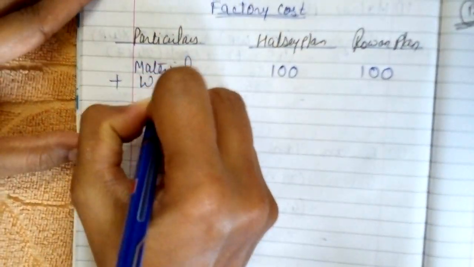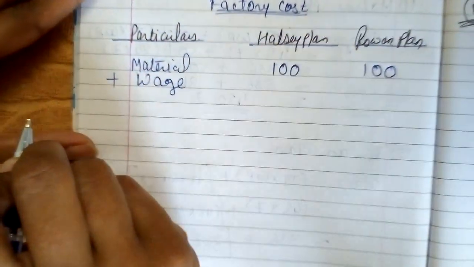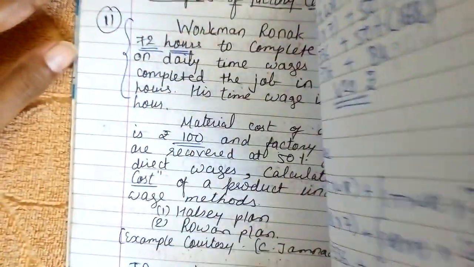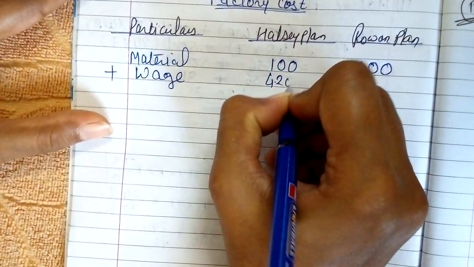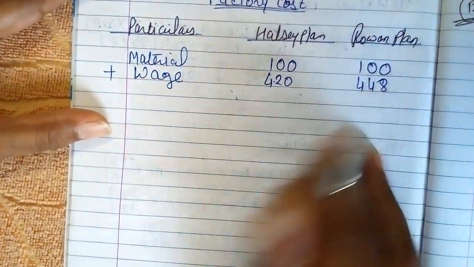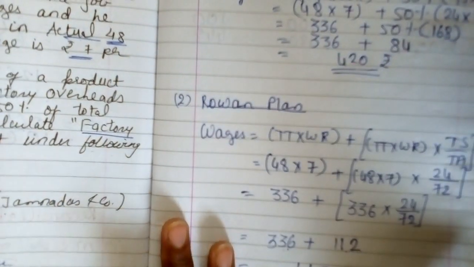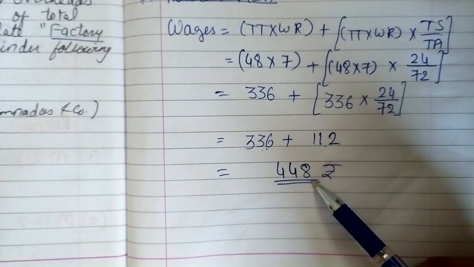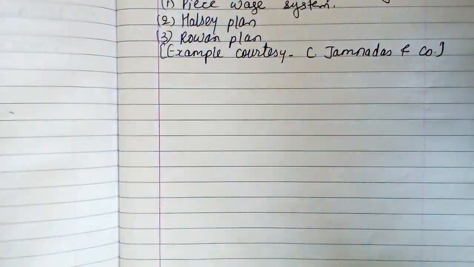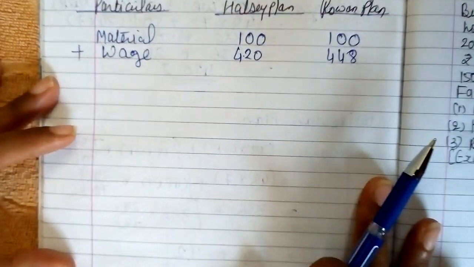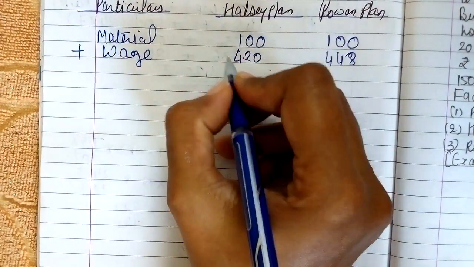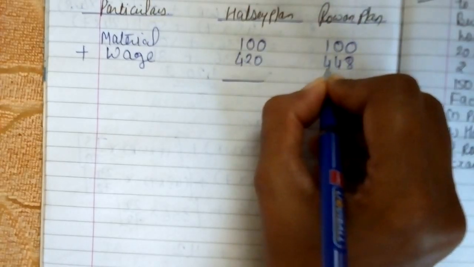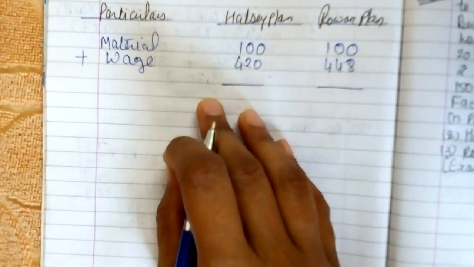Now we can add wages. So wages as per Halsey plan was 420 and under Rowan plan it was 448, that we have just calculated. In this example, the direct wages that we have calculated, but direct expenses are not given.